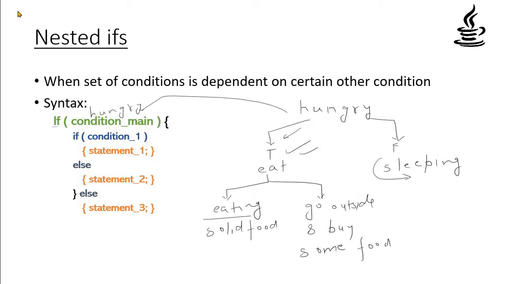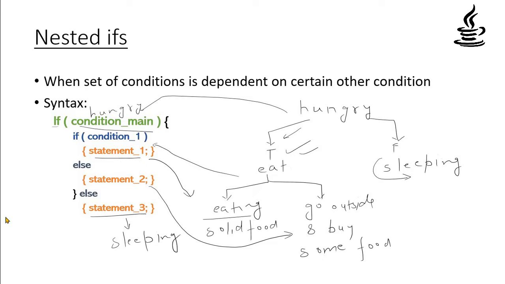If there is something at home, that is condition 1 evaluates to true, then we will execute statement 1, that is eating the solid food. And if there is nothing at home to eat, then we will go outside and buy some food. Similarly, if the main condition is not true, then we will execute statement 3, that is we will go back to sleeping.